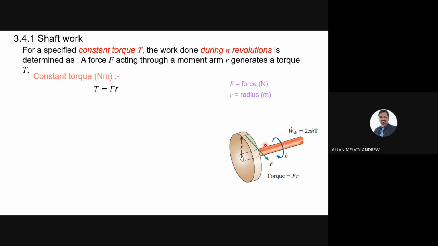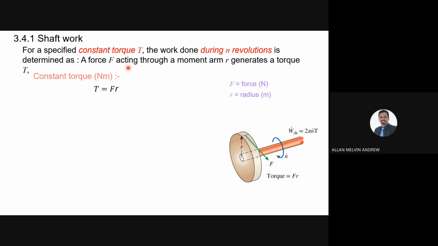Since it moves in a circle, we do not call it force, we call it torque. And the work done during a revolution, meaning how many times it turns per minute or per second, is taken into consideration.